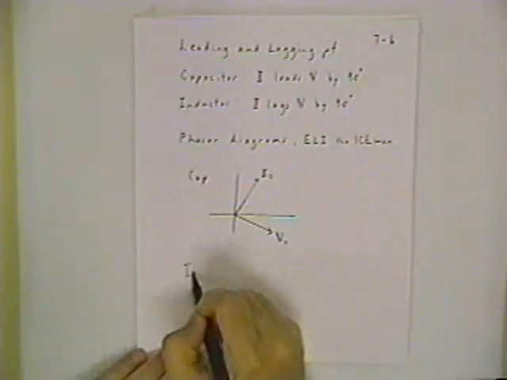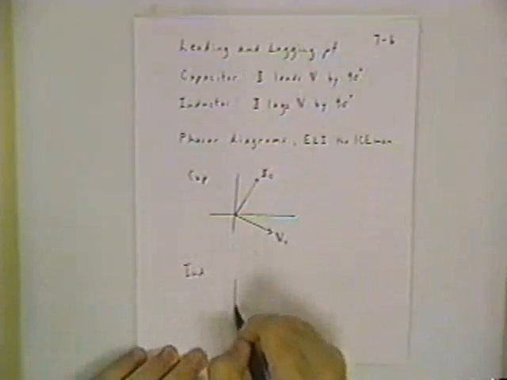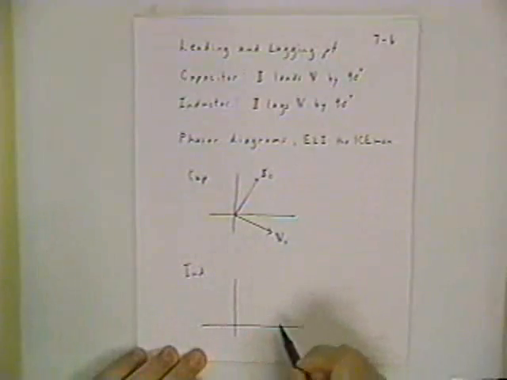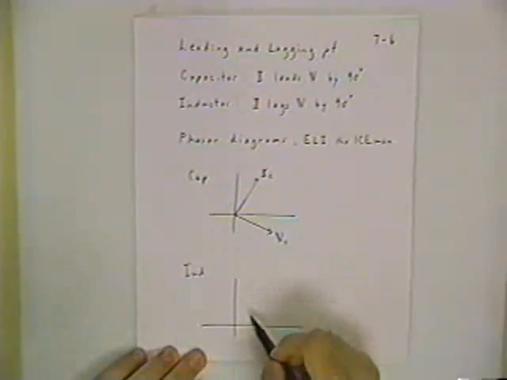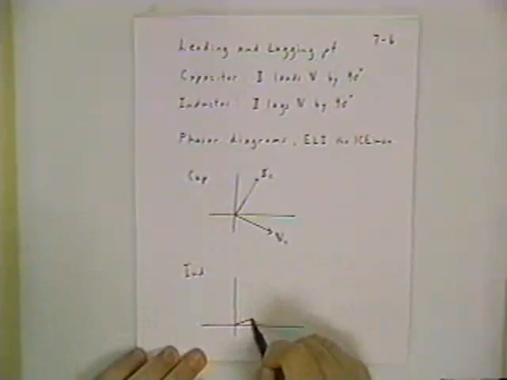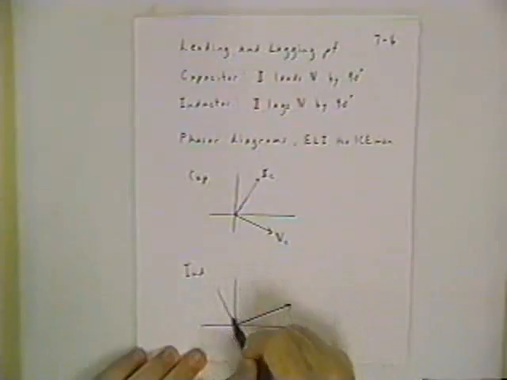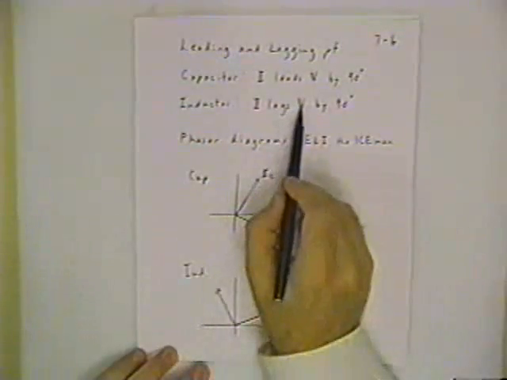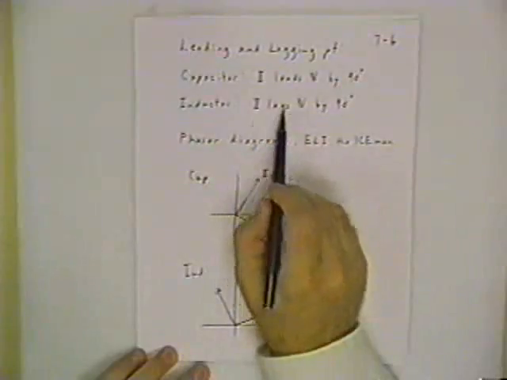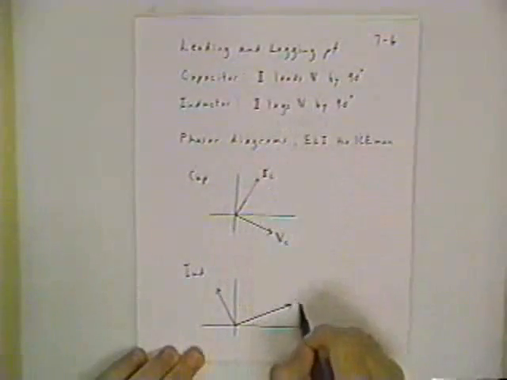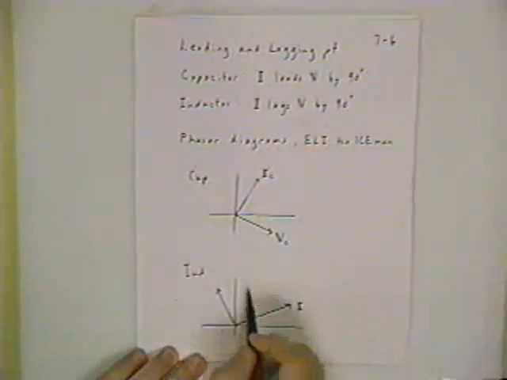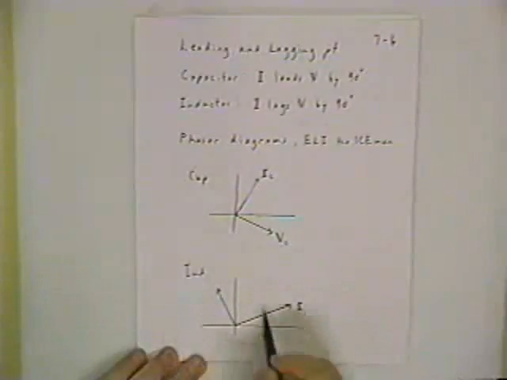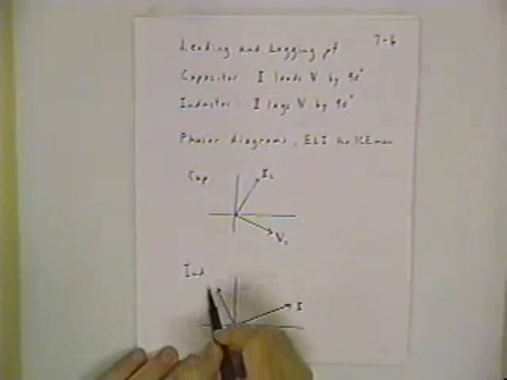Okay, for an inductor, very similar, we're going to have a current lagging behind a voltage, or you can turn that phrase around and say voltage leads current or current lags voltage. It's just a matter of keeping track of who passes a certain point first as you're rotating around counterclockwise.